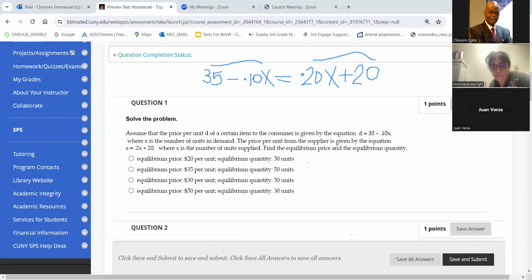Okay, so where did I divide by 20? Or subtracted, I mean, not divide, subtracted by 20. Because we want to bring all the x's on one side and all the regular numbers on the other side.